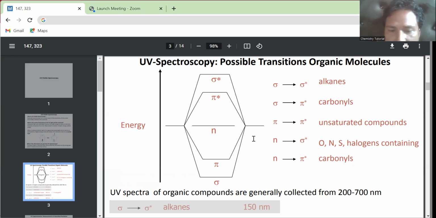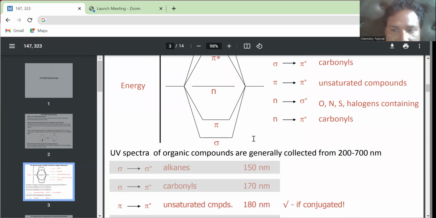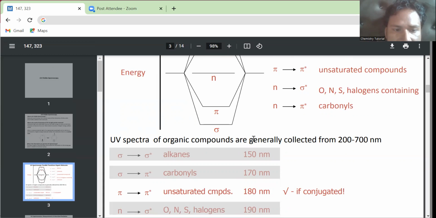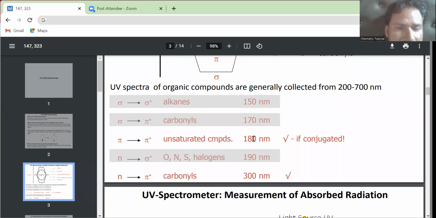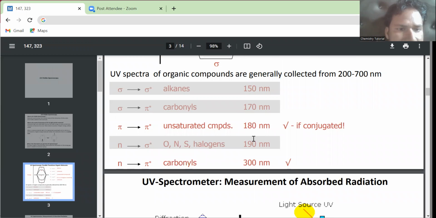UV spectra of organic compounds are generally collected from 200 to 700 nm. This is the range in which electronic transitions are observed. Sigma to sigma star occurs in alkanes, at a wavelength of about 150 nm. Sigma to pi star, which occurs in carbonyls as discussed previously, is at about 170 nm.